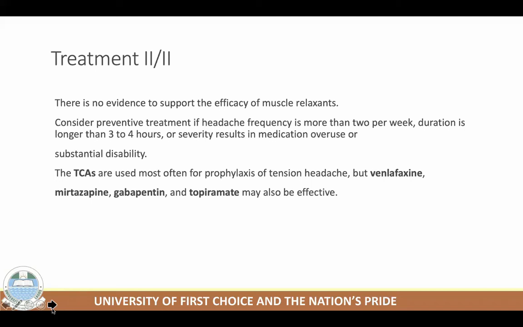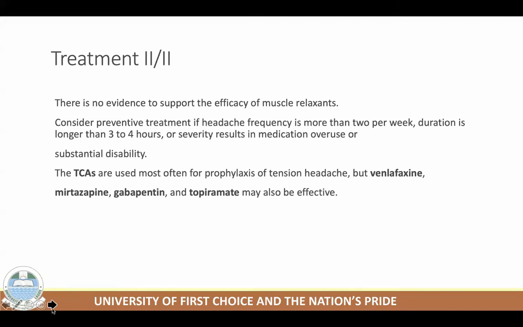Consider preventive treatment if the patient has more than 2 episodes per week. So usually you'd look at what causes the headache for this person, or what the triggers for the headache are, and then you medicate when the patient is exposed to those triggers.